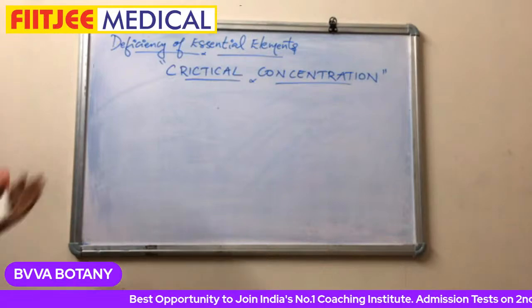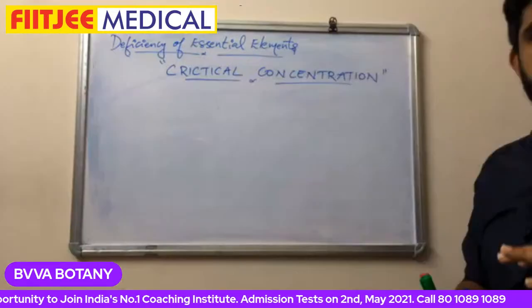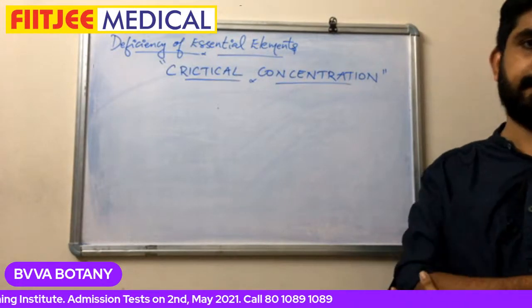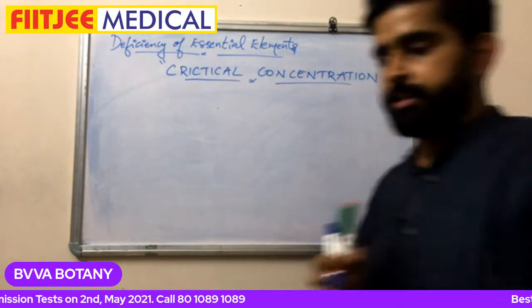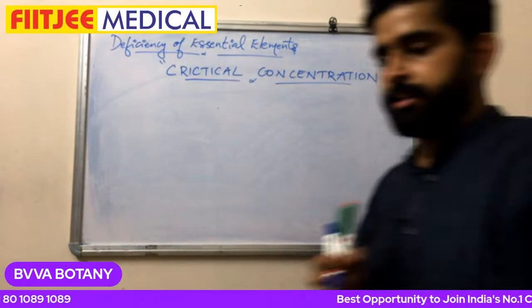Critical concentration can be defined as the concentration of essential elements below which plants will develop deficiency symptoms, or the plant growth is inhibited. Okay, so write down the definition.